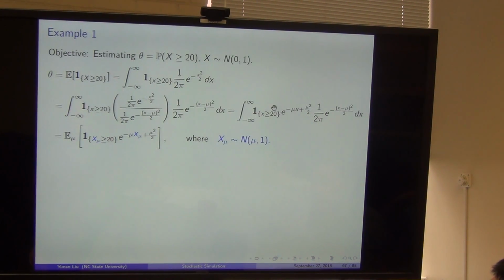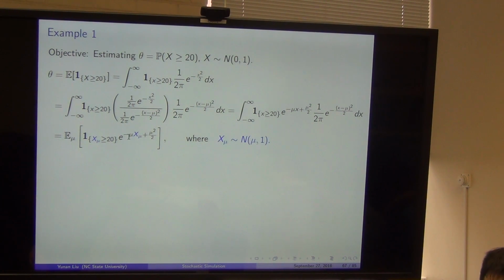Finally, we interpret this whole new formula as the expectation of this function, but for a new random variable x mu.